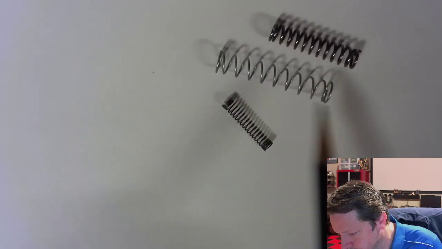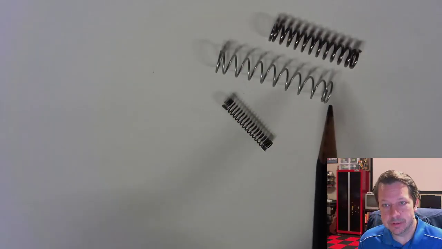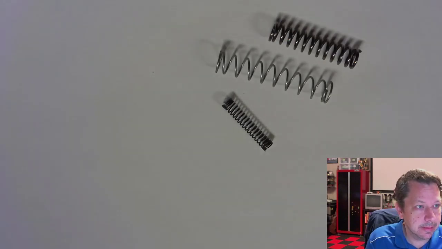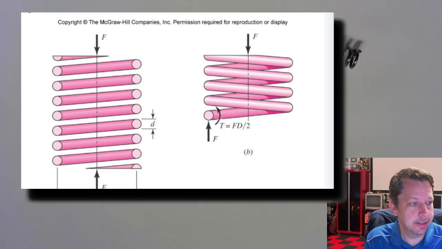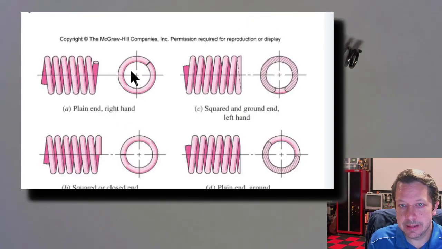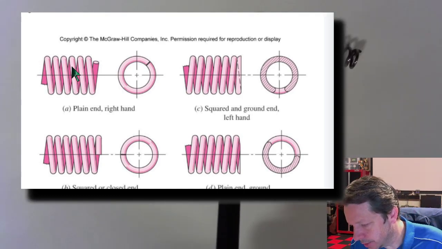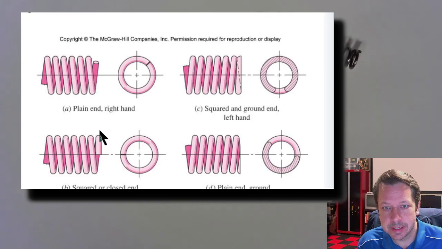You can kind of see that the last few coils here are not the same spacing as the others, so these have been closed. In fact, let's look at a picture of the variety of end conditions. So they're not this plain end where it just kind of chops it off and it's still sticking out sideways like that.